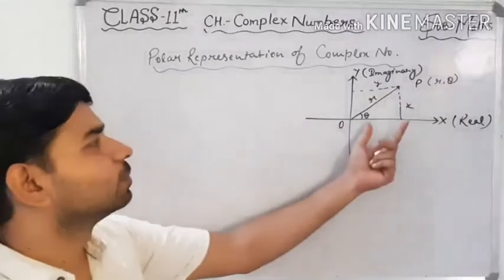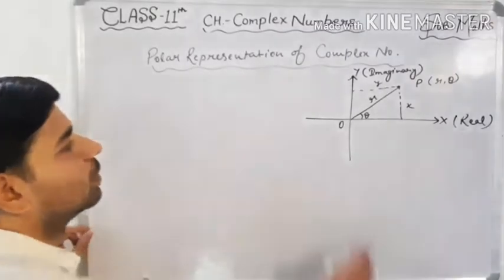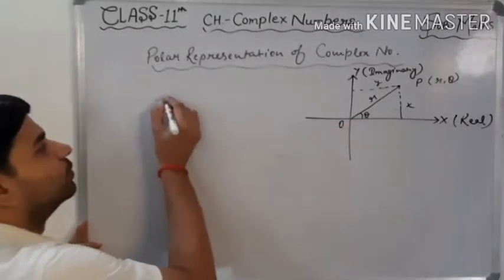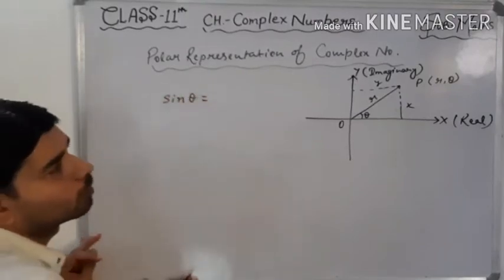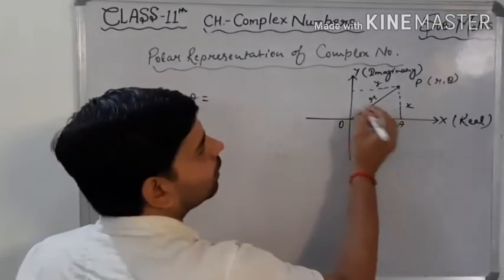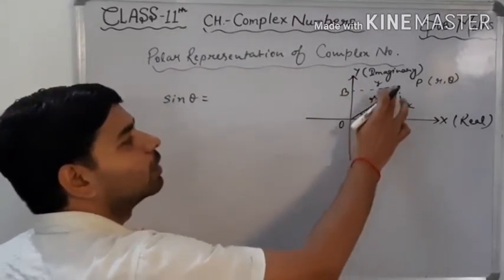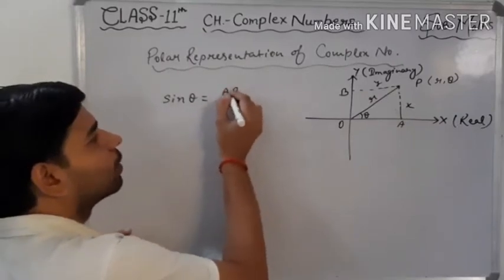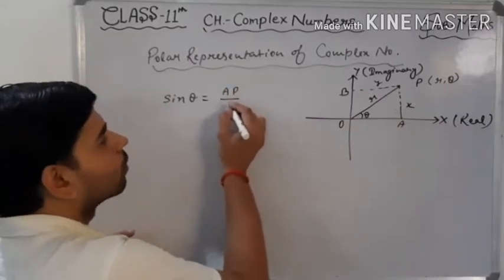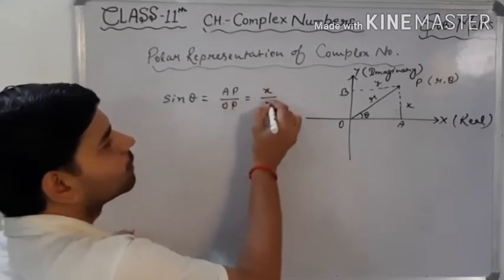If we apply the trigonometrical concept here, then sin theta is equal to perpendicular upon hypotenuse. So sin theta equals AP upon OP, and AP is x, OP is r.